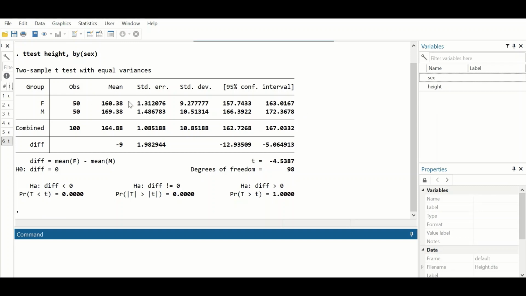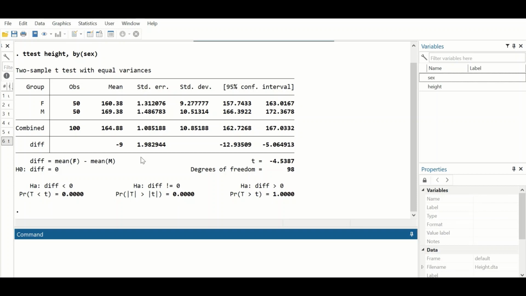The mean for the females is 160.4, which falls within the upper and lower values of the confidence interval for the females, and for the males, which is 169.40, again it is within the upper and lower limits of the 95% confidence interval.